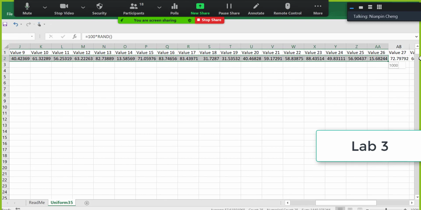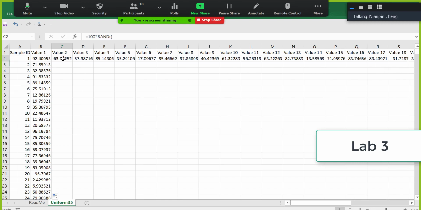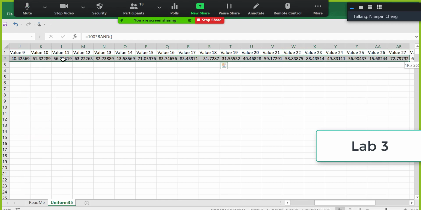You select this row, or more easily, use shift and the arrow key. This is the one we need to copy.